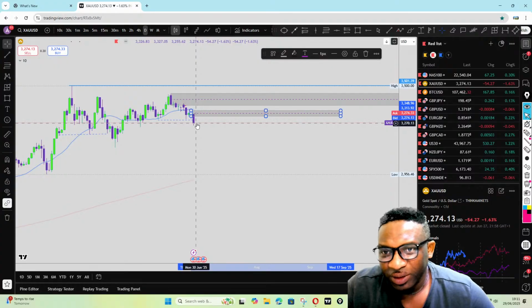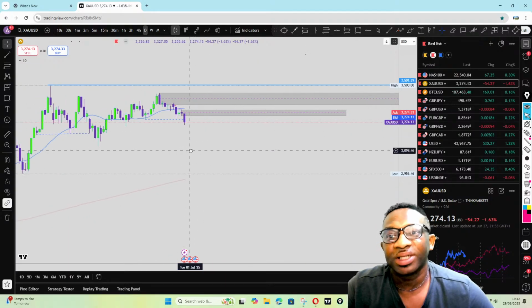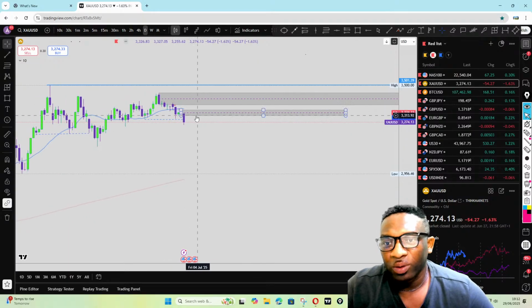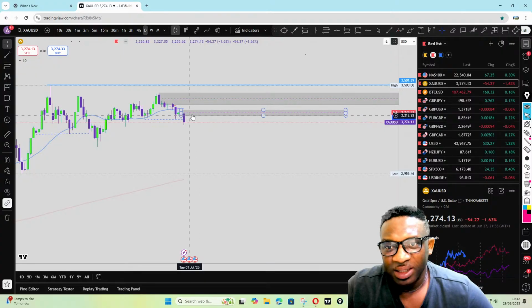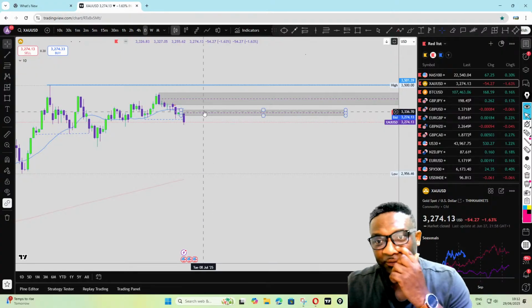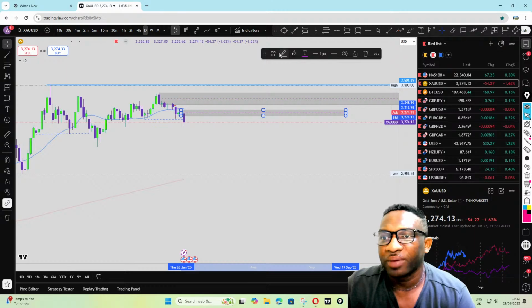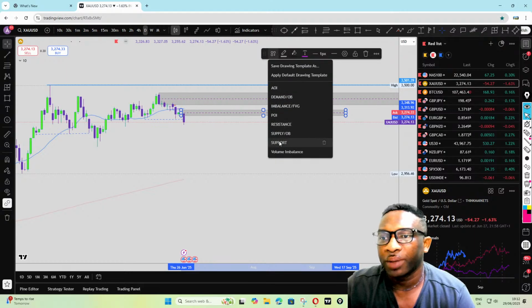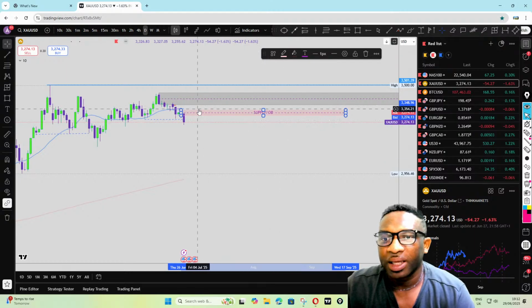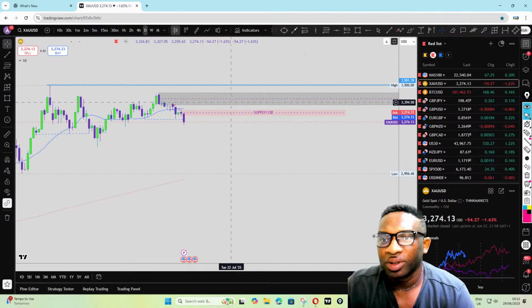If the third candle is not able to trade back to close the imbalance, then we'll say we have the imbalance here. But currently on the daily, we can only identify this as an area of supply.